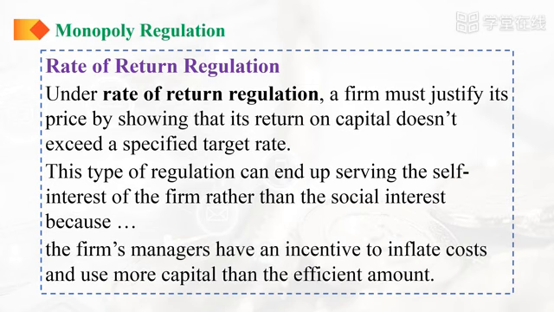Managers also have an incentive to use more capital than the efficient amount. The rate of return on capital is regulated, but not the total return on capital. And the greater the amount of capital, the greater its total return.